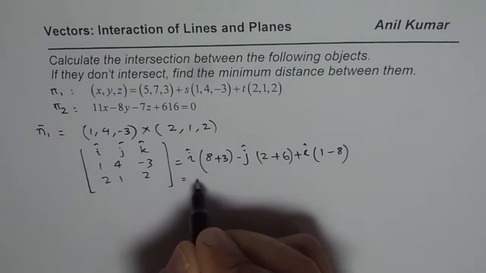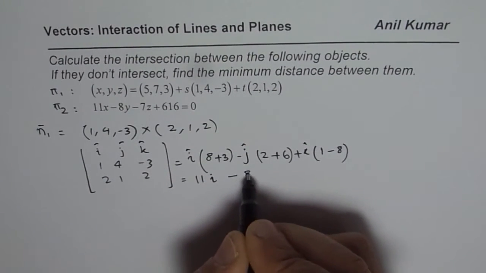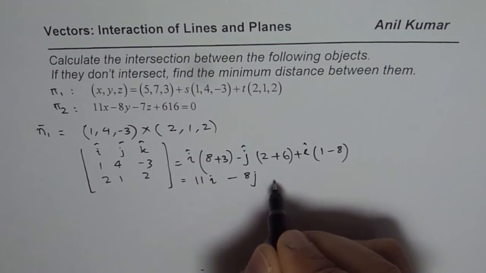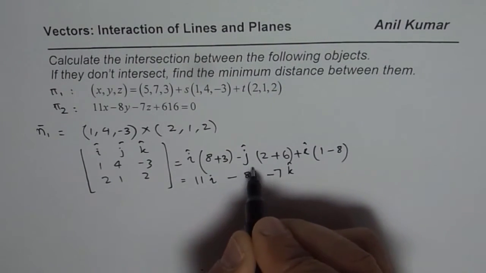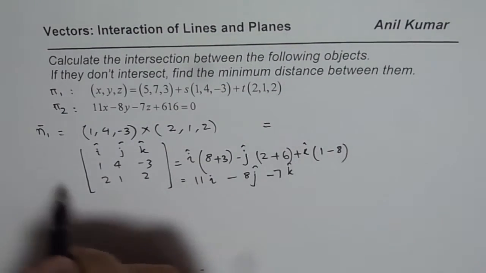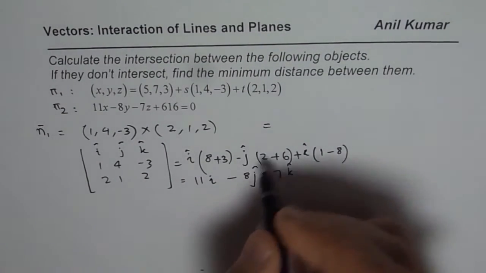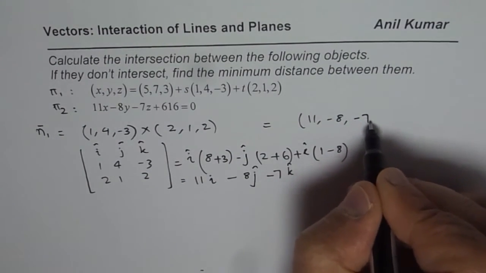So I could write this as 11i minus 8j minus 7k. So what we get is that the normal vector is indeed (11, -8, -7).